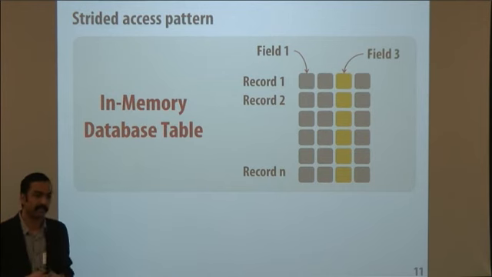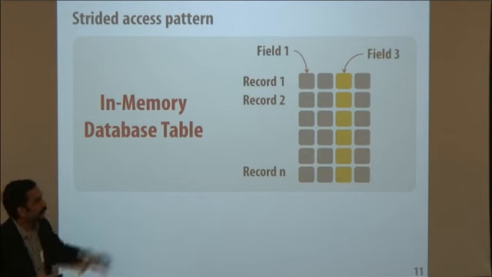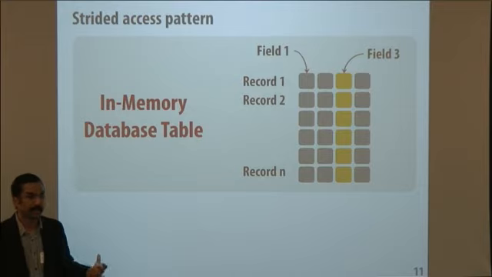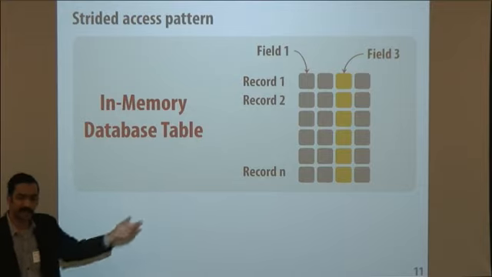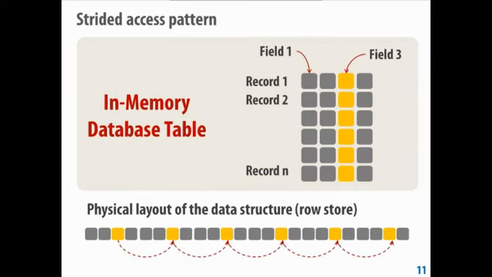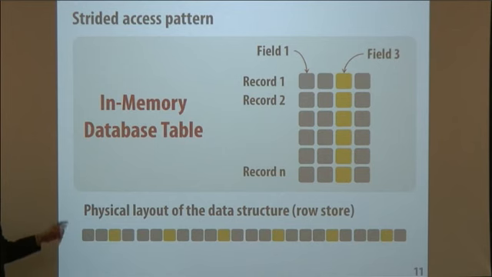Let's say that's the field of interest for a particular query. And depending on how the database is stored in main memory, that particular query can result in a strided access pattern. So if the database is stored as a row store where values of the same record are stored together, accessing the third field, which is the yellow blocks marked here, is going to result in a strided access pattern.